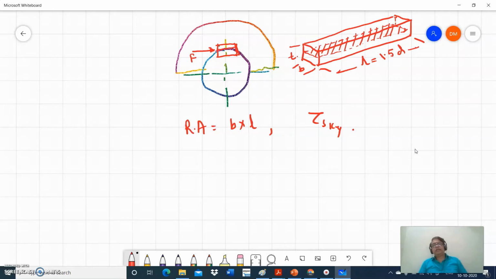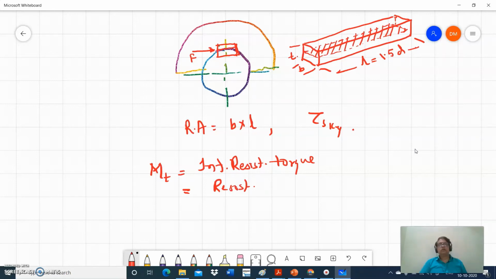So in that case, we can get the applied torque Mt is equal to the internal resisting torque, right? The internal resisting torque is nothing but the internal resisting force into D by 2, right?